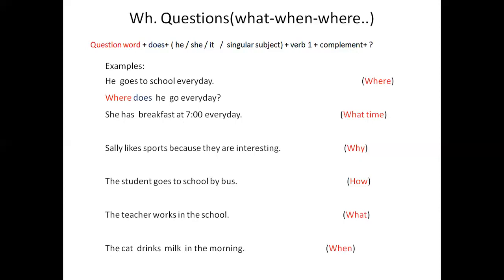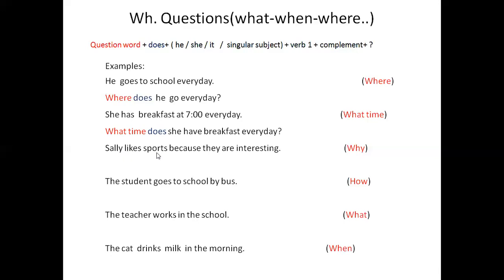Okay. What time does she? Remember that when you use does, you have to change the verb "has" and use the first verb. The first verb was have. So, what time does she have breakfast every day? What time is asking for hours. So we will not write "at 7" because this is the answer.